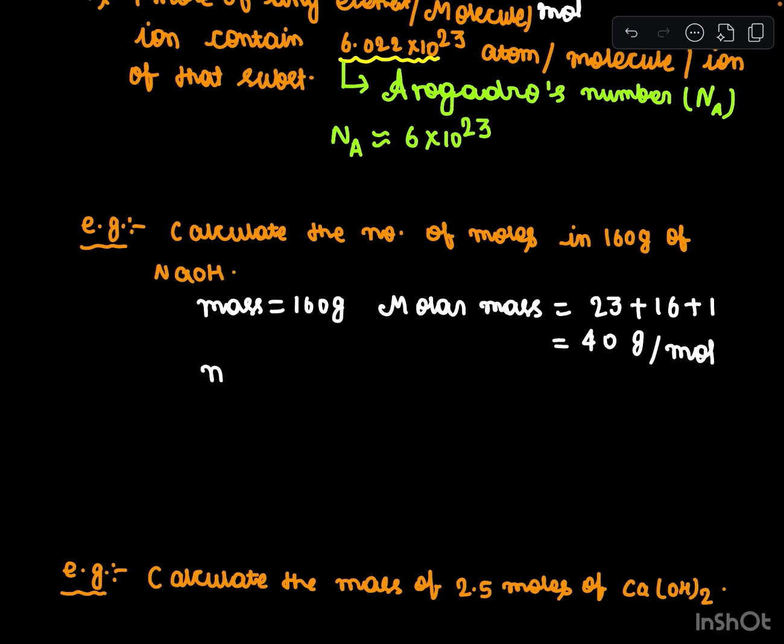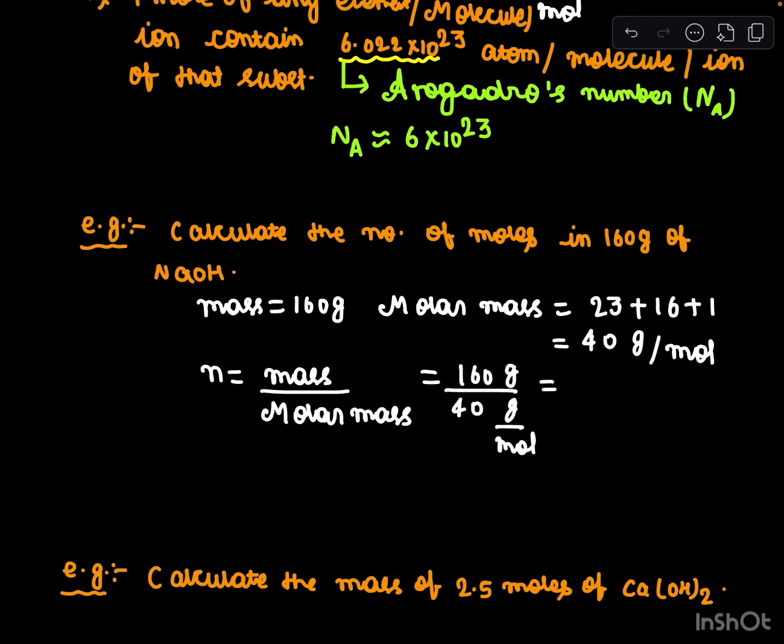Now number of moles equals mass by molar mass. Mass is 160 divided by molar mass 40 gram per mole. On calculating, we get 4 moles of NaOH.